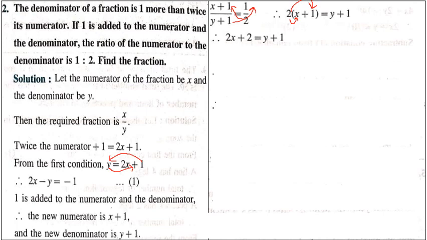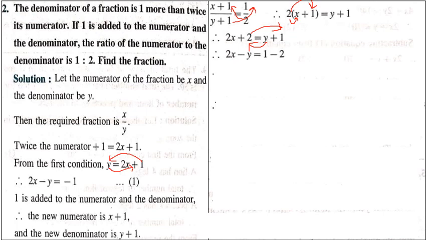Now variables on one side, numbers to the other side. So how are we going to arrange? So we have to arrange them in standard form. 2x minus y is equal to plus 1 minus 2.